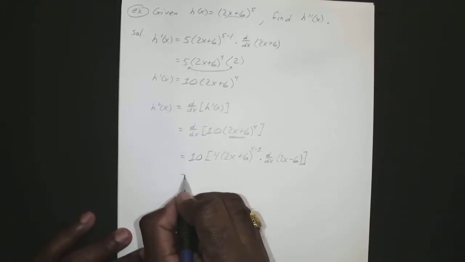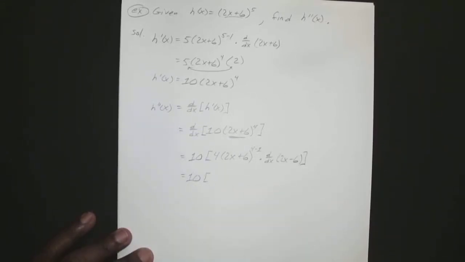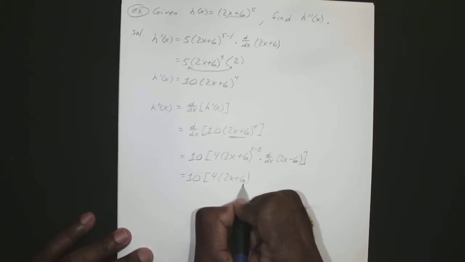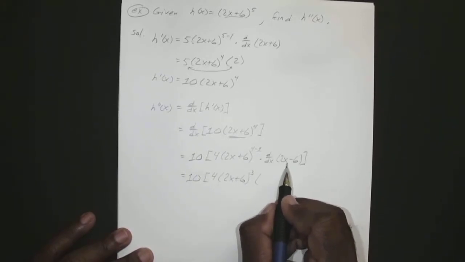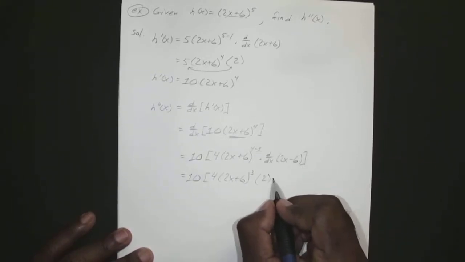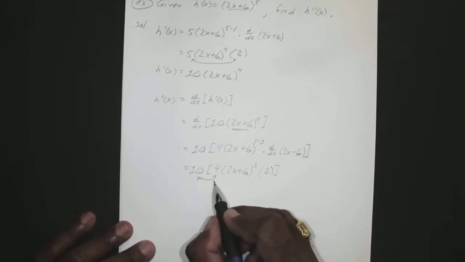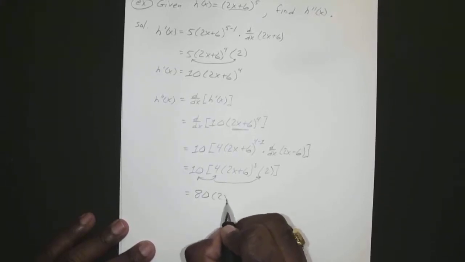Okay, so we could have done that, but we'll wait and multiply all those at the end. 4 times (2x + 6)^3 times the derivative of 2x + 6, which is 2. If we go ahead and multiply all 3 of those, we end up with 80 times (2x + 6)^3.